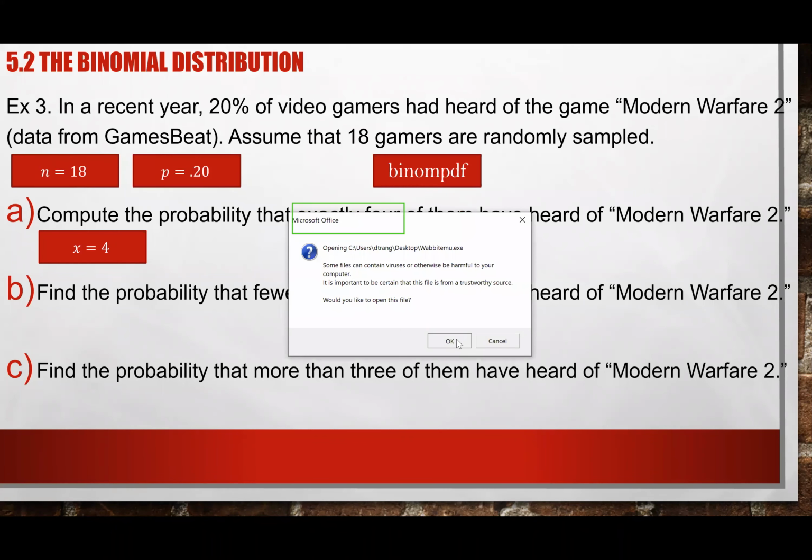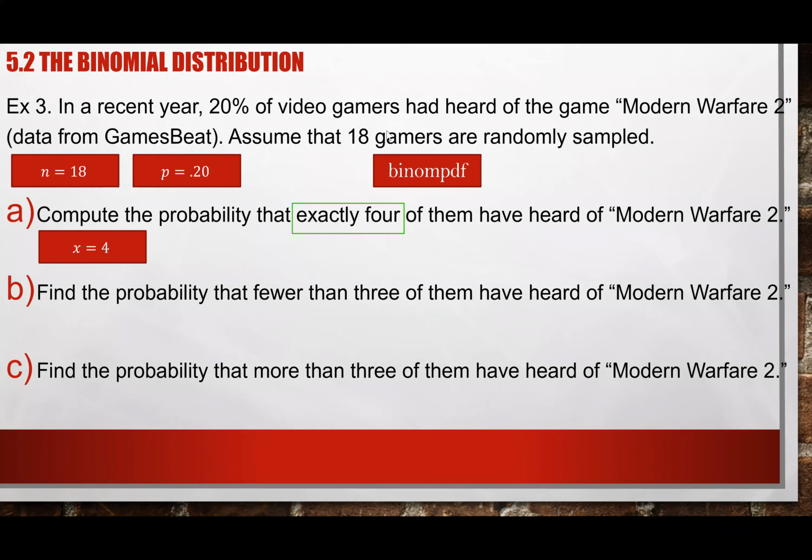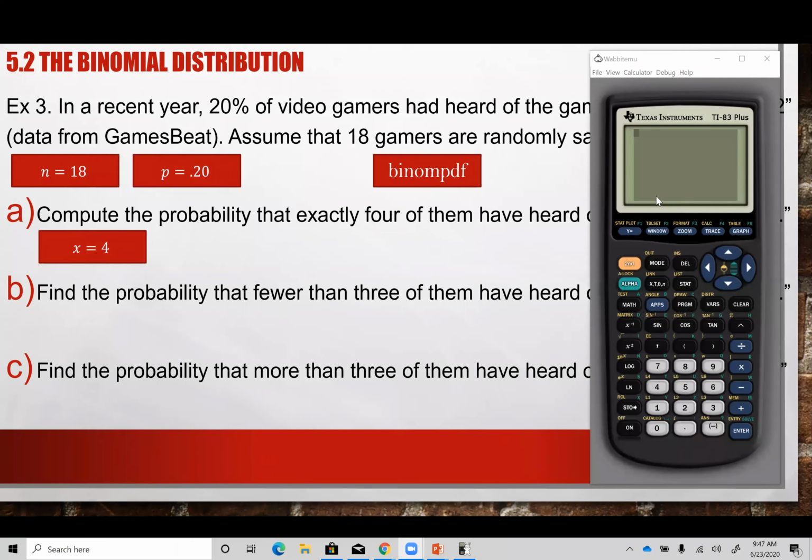Let me show you a different screen here. Reminder, for those of you who weren't here yesterday, to get to binomial PDF or binomial CDF, first you hit second, then VARS, which is all of your distributions.